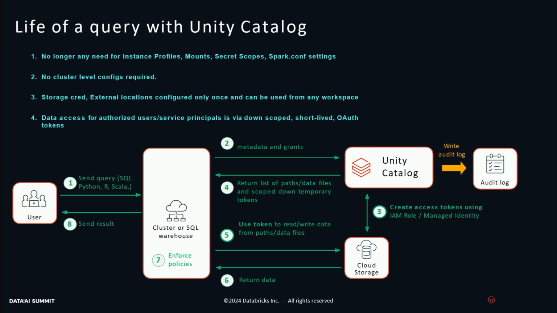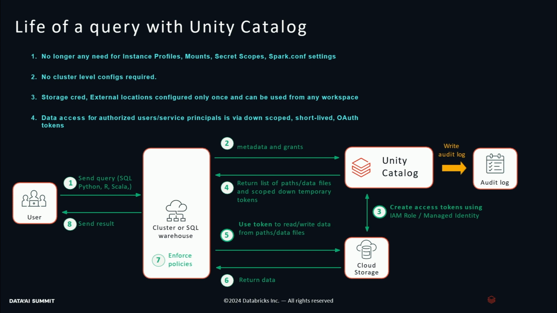Say, for example, if the user has access to it, then this user will assume the metastore IAM role identity, using which Unity Catalog will create a short-lived authentication token and send the metadata of this particular table as well as the token back to the cluster. The cluster will use this token and the metadata to finally query the actual data from S3 and will enforce the user access policies before sending the final results to the user.